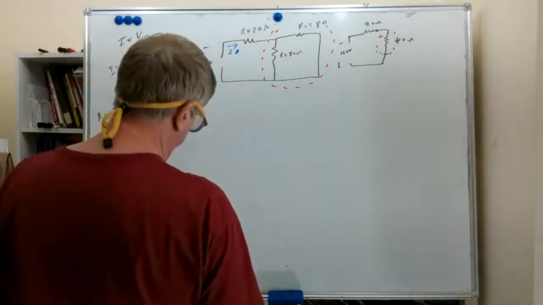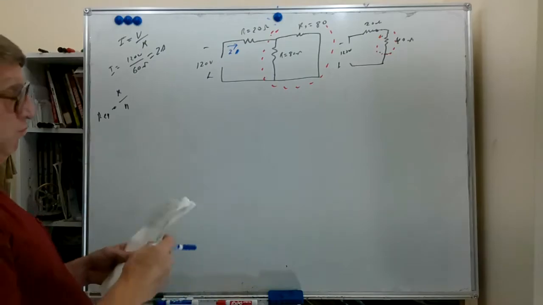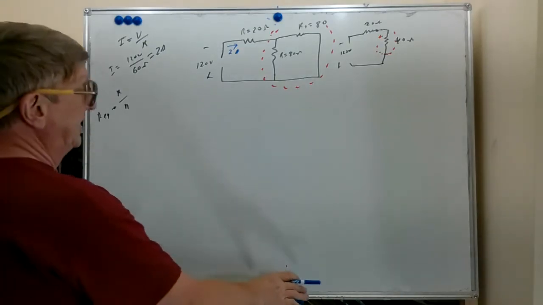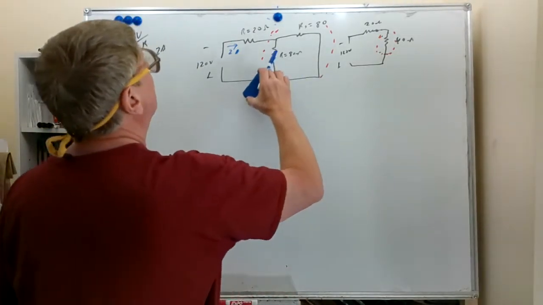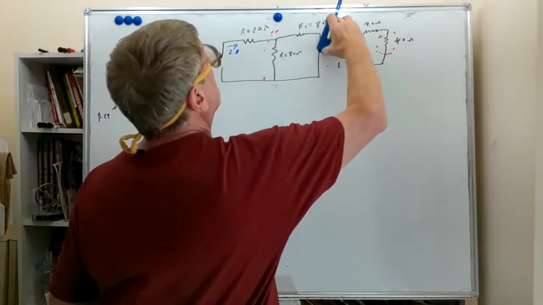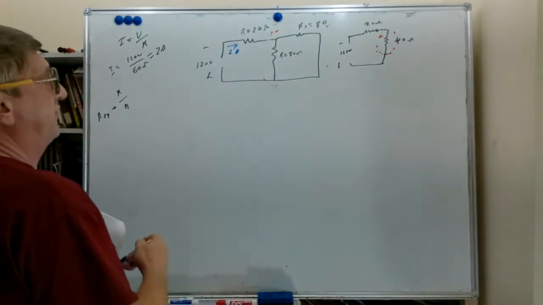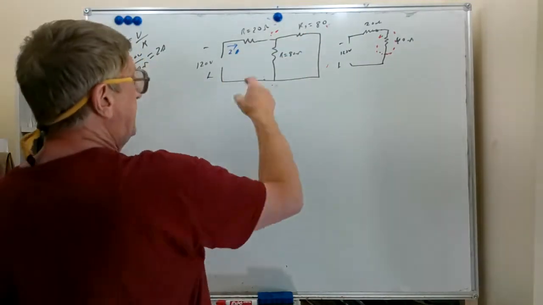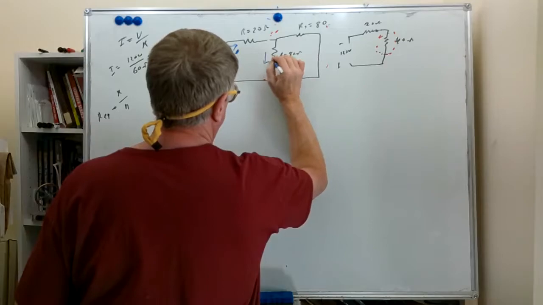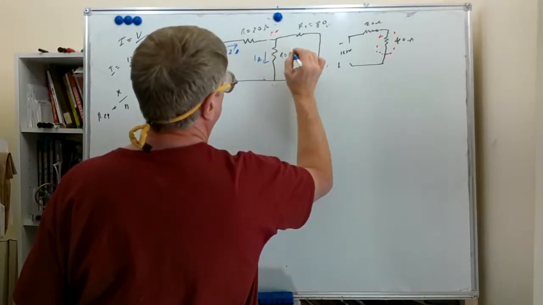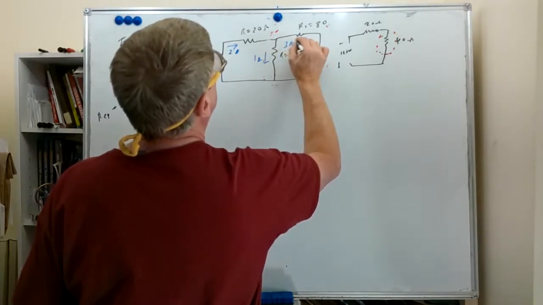It flows in that direction. An easy way to analyze this circuit, I'm going to get rid of this. It's kind of going to be in the way. With 2 amps, 2 equal resistors are going to split equally: 1 amp, 1 amp.